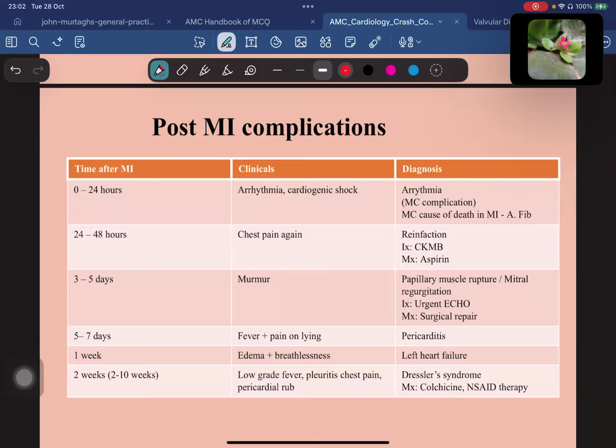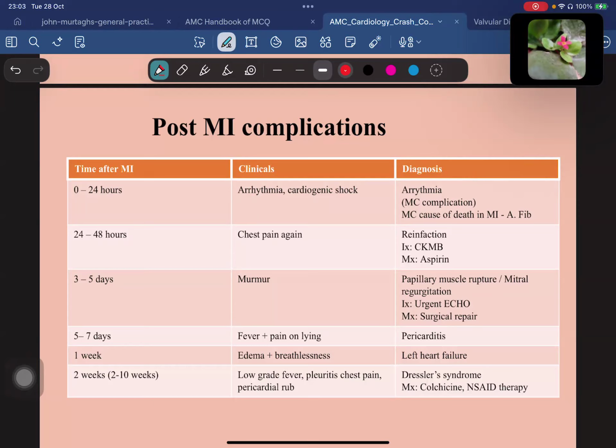So that was that. And then we have 24 to 48 hours after MI. If the chest pain is coming again, it could be a reinfarction. You can do a CKMB and management would be aspirin. Then there's 3 to 5 days after MI, and the clinicals are like a murmur. It could be papillary muscle rupture or mitral regurgitation.